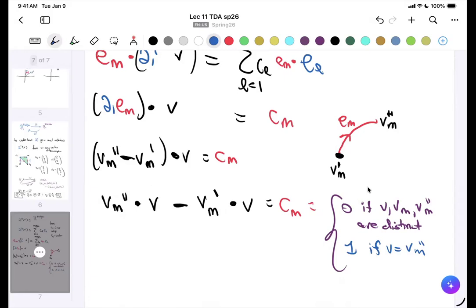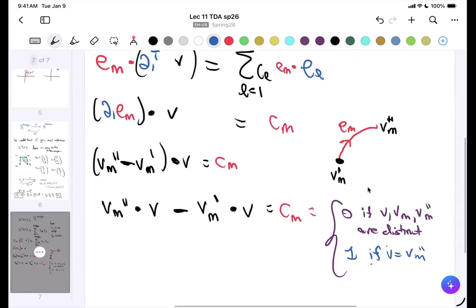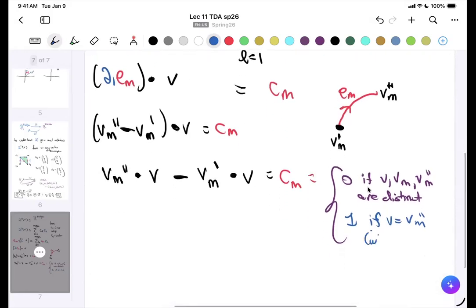So V is where the edge terminates. When V equals Vm double prime, the edge ends at V. So let's call V a sink.